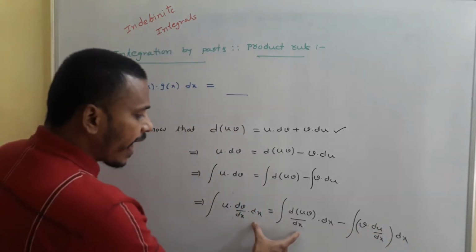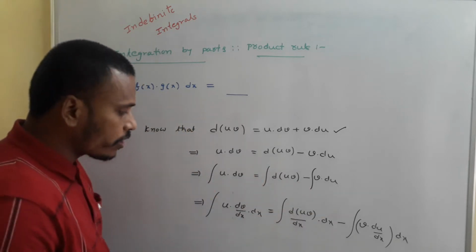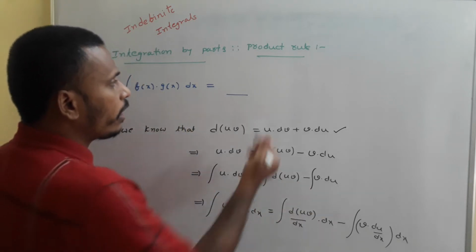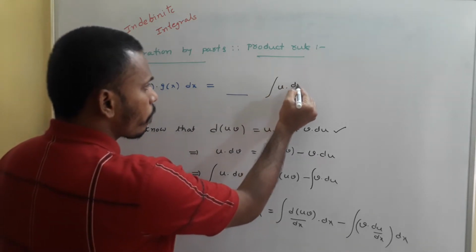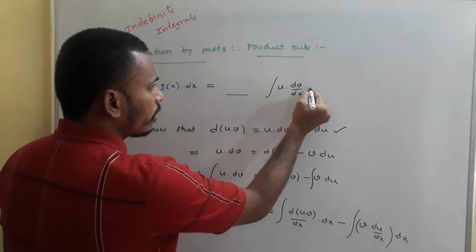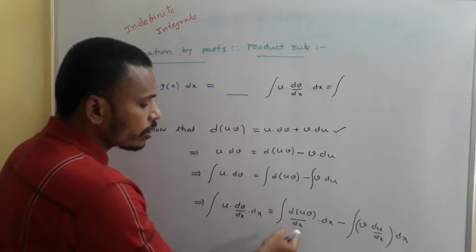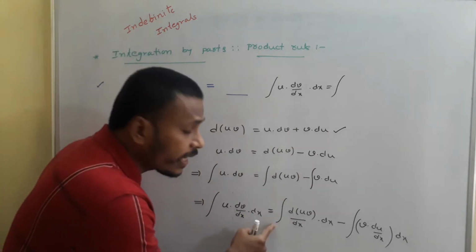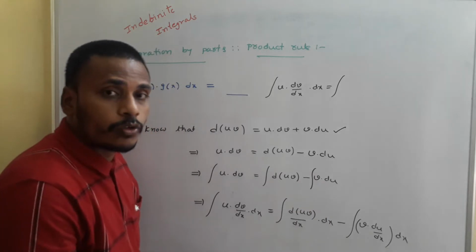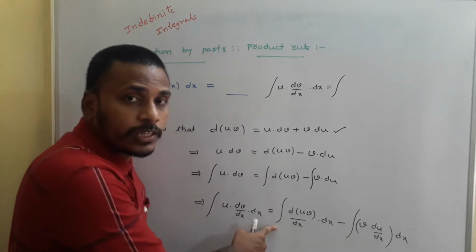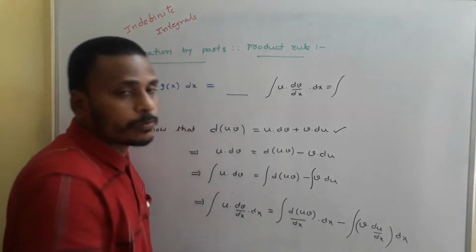So now I will carry this forward to develop this integral of f of x dx. At the end, we have in our hands: the integral of u into dv by dx with respect to x is equal to the integral, and now have a look here. The integration with respect to x will get cancelled with this differentiation with respect to x.